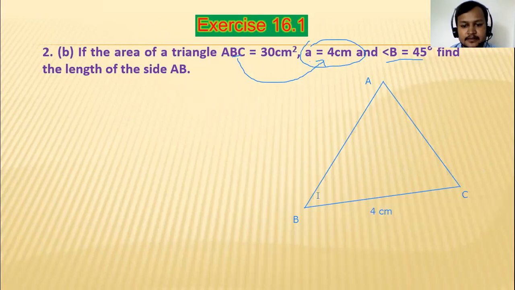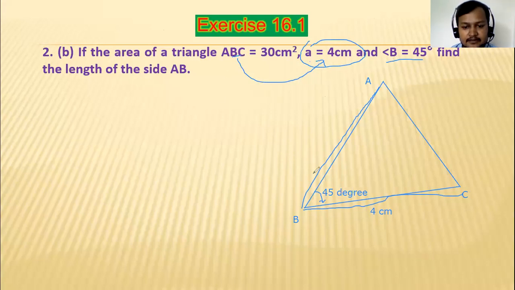Angle B is 45 degrees. This is given to us, and its area is 30 centimeters square. I think you got the question clearly, because we have one angle, we have one side, and we have area also. We have to find out this side. One angle is given, side is given, area is given.